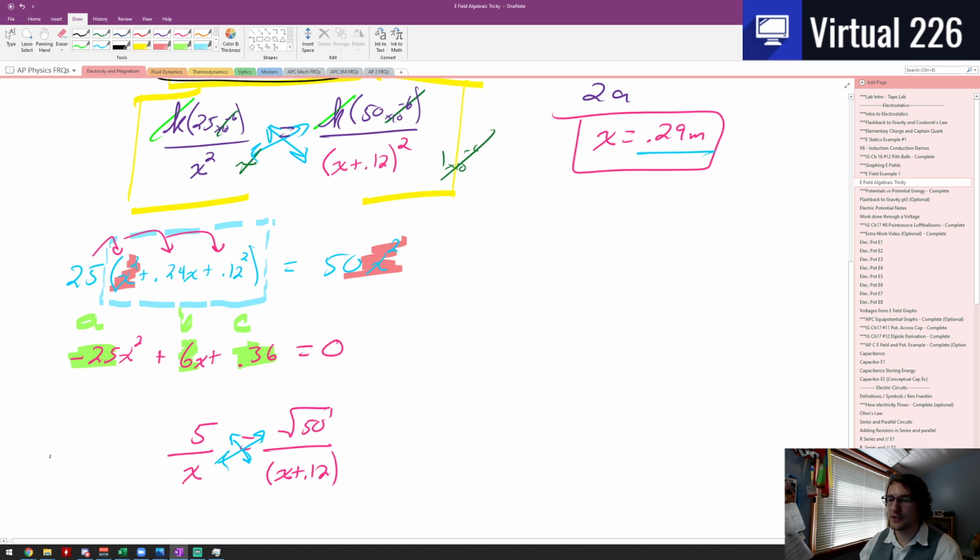The reason why we don't do this is because, if you're a mathematician, what would happen if x equaled 0? Well, now I've got 0 in a denominator here, and that's a huge issue, and I can't even take the square root of that anyways. If x equals something like negative 0.12, I've just blown up this right side denominator because now it's 0. So because we don't know what x is, it's kind of bad practice to take a square root of it.